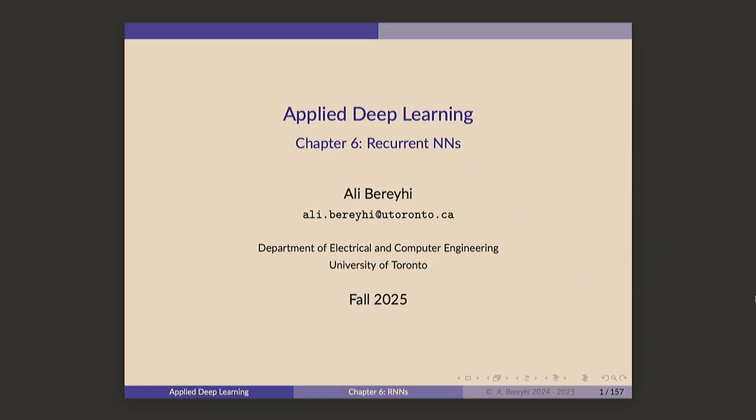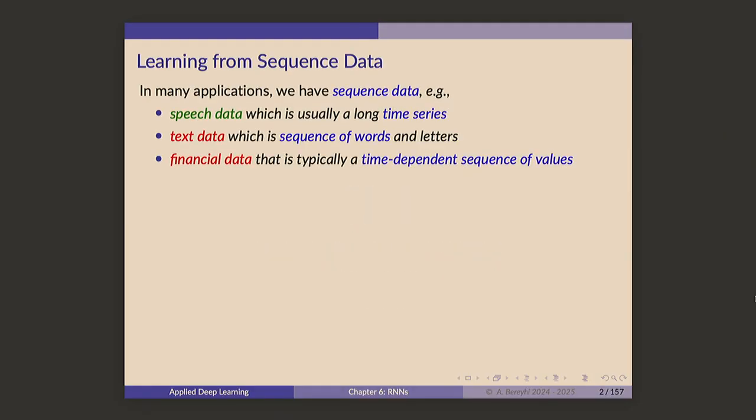But in practice, we usually have sequence data. And sequence data are the ones which have made all the progress in AI nowadays. They are data which have some sort of temporal connection among the components, right? So a text is sequence data. Every single word in a sentence somehow relates to the other words inside the sentence.